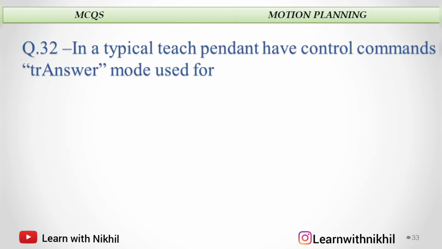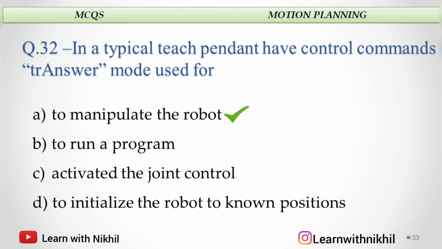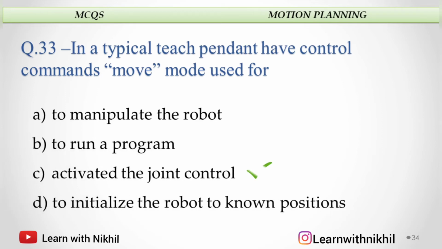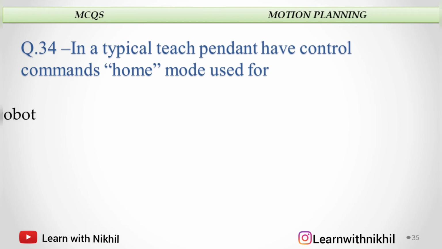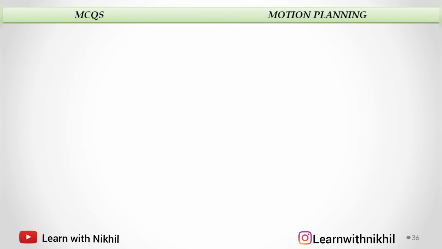In a typical teach pendant with control commands, transfer mode is used to manipulate the robot. Move command is used to activate the joint control. Home command is used to initialize the robot to its known position, the starting position.